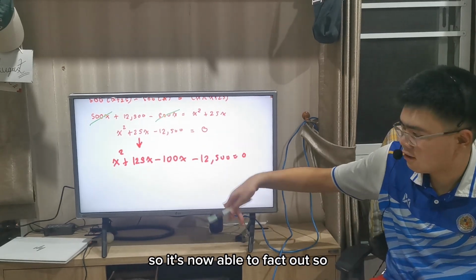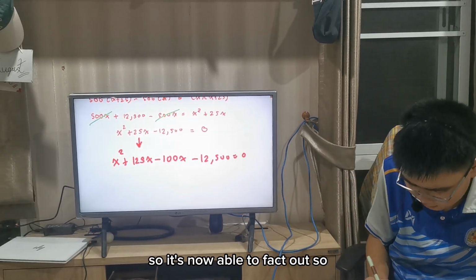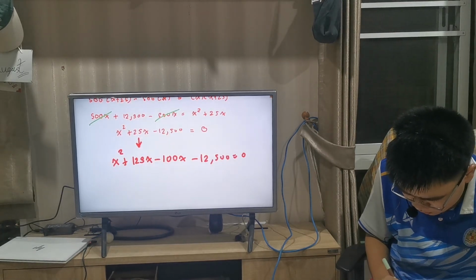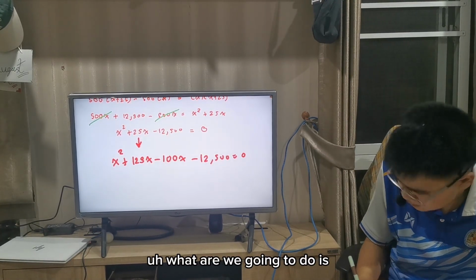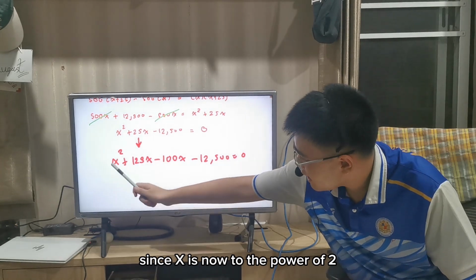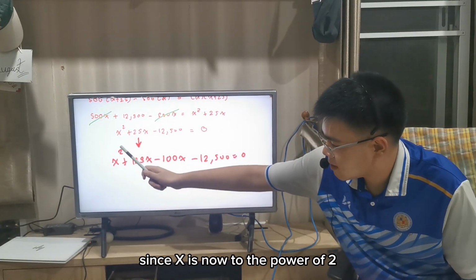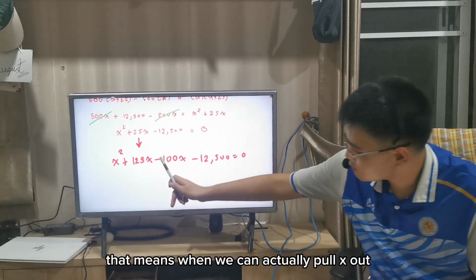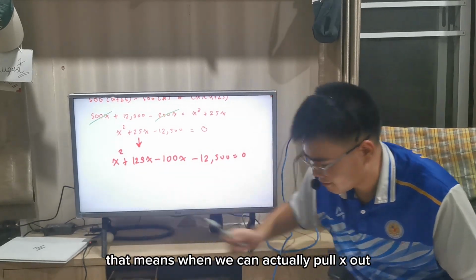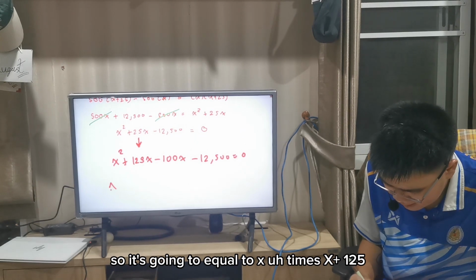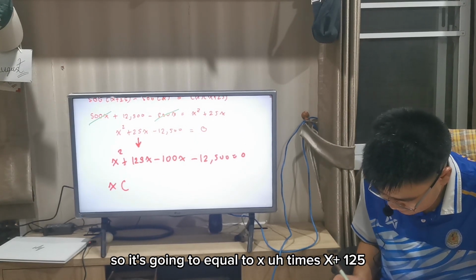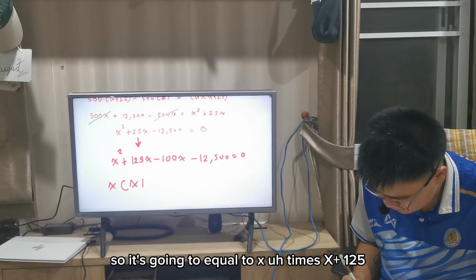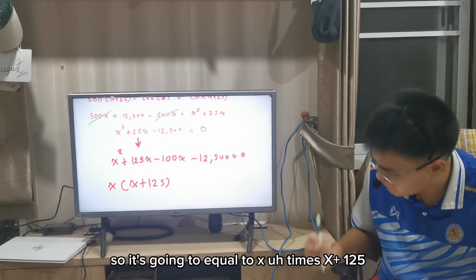So it's now able to be factored out. Since x is to the power of 2, and there's also 125x, that means we can pull x out. So it's going to equal x times x plus 125.